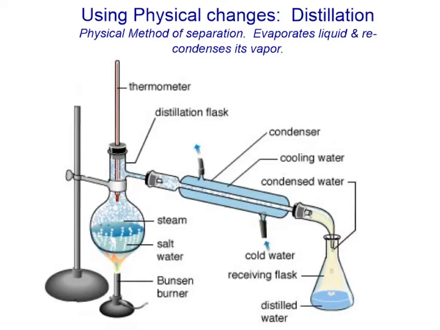It will then condense in this tube back into liquid water. And as it condenses, it will run down this tube and into our distilled water area over here. We have a little Erlenmeyer flask where we're receiving that distilled water. And voila, we end up with salt left in the bottom of our flask over here and pure distilled water that's been separated from the salt over here.